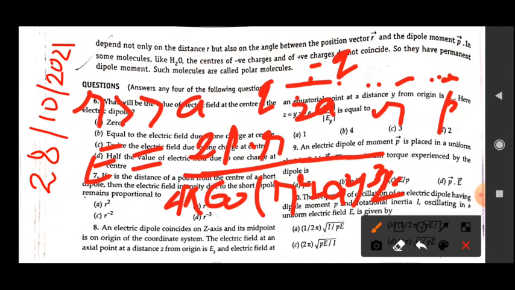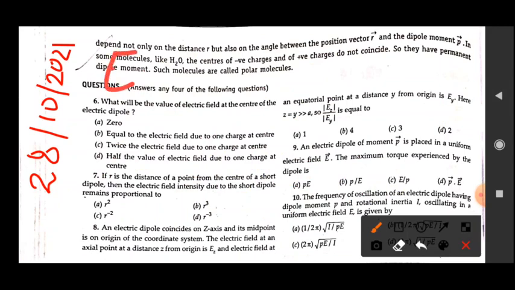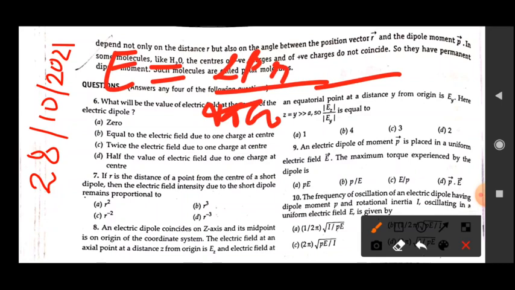Now what is our conclusion about this? If we solve this for this particular case, then a can be neglected. So the electric field becomes 2pr upon 4 pi epsilon 0 into r power 4, as we have neglected a; one of the r will cancel out, so it will be r cube.